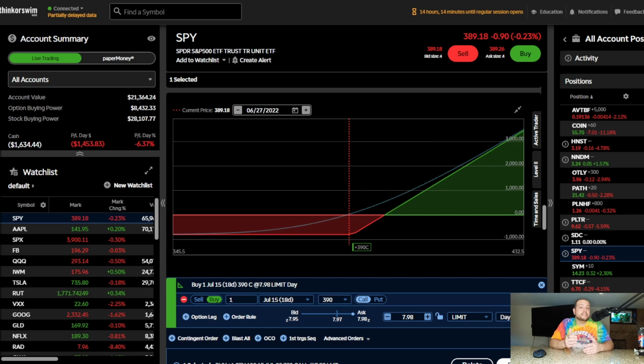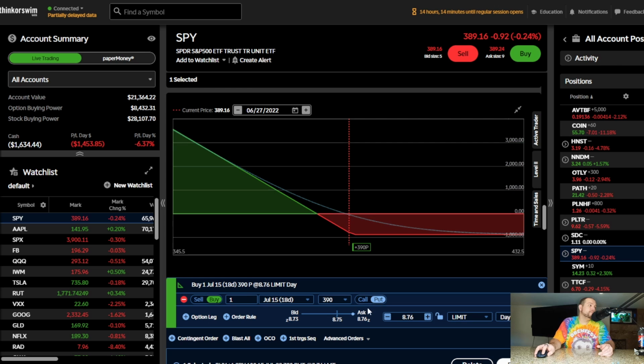The put side is exactly the same thing, except instead of hoping for the price to go up, you're hoping for the price to come down. So if we took a look at this and said we want to buy a put, that price is different. It's $875 for that. And you can see based on this graph that the lower the price goes, and your break even point here would be 381.23.